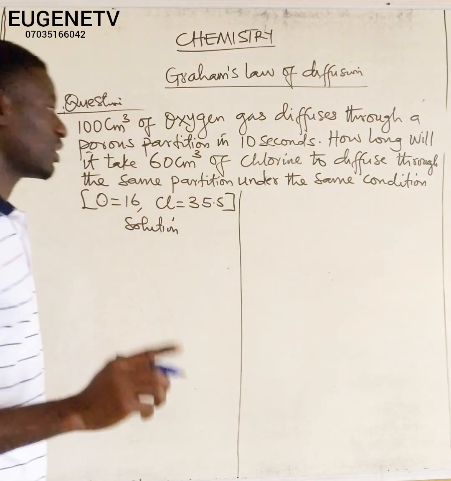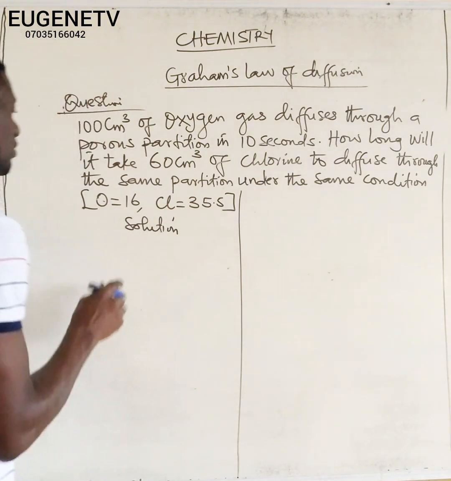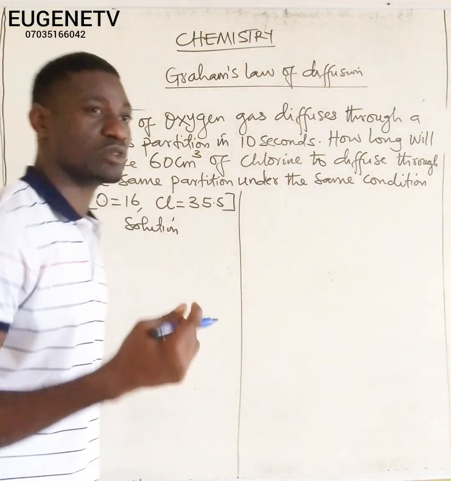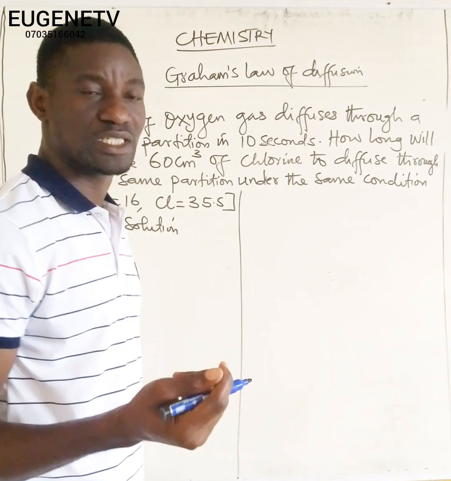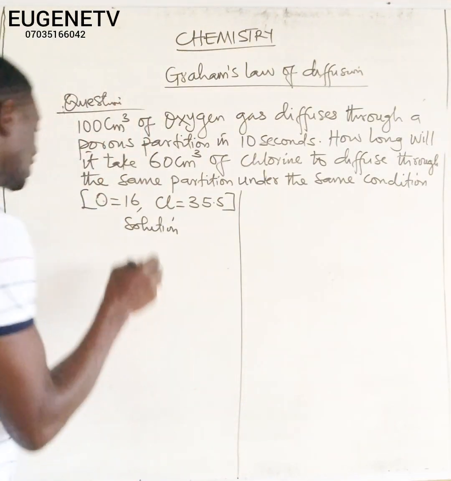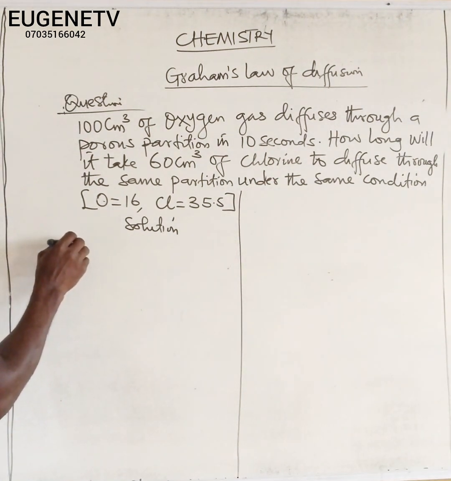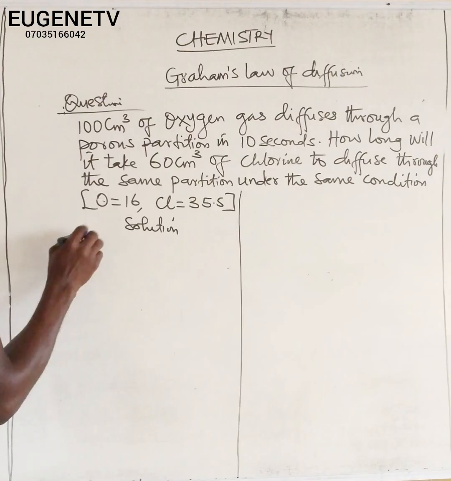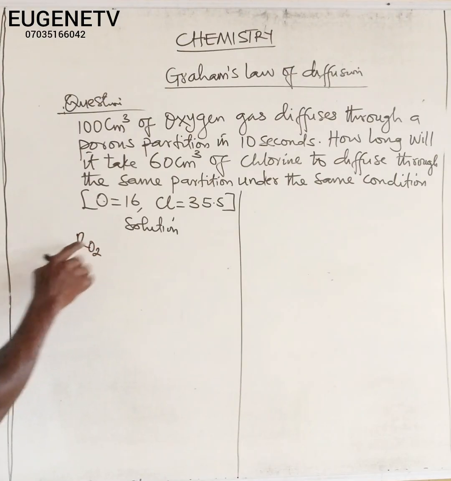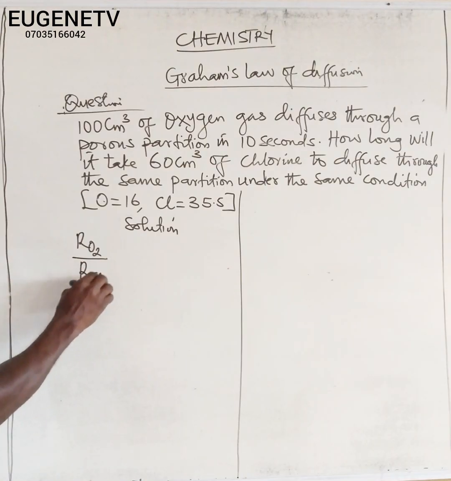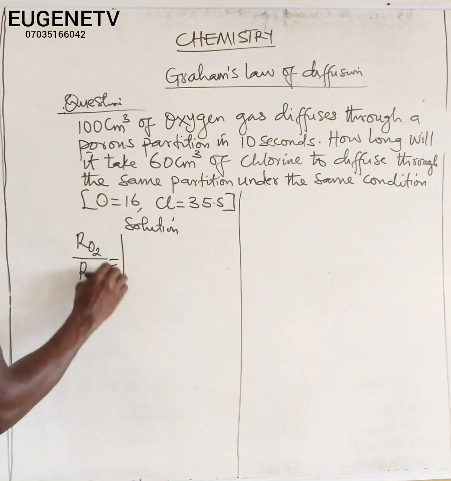From our statement of Graham's law, Graham's law tells us that the rate of diffusion of a gas is inversely proportional to the square root of its molar mass or its density. So in this case, we are going to use this expression: rate of diffusion of oxygen gas, R_O2, all over rate of diffusion of chlorine gas, R_Cl2 (chlorine is Cl2), is equal to all square roots.